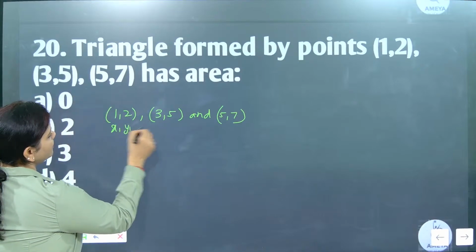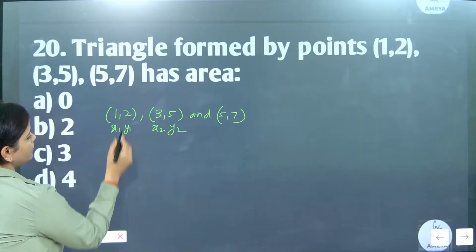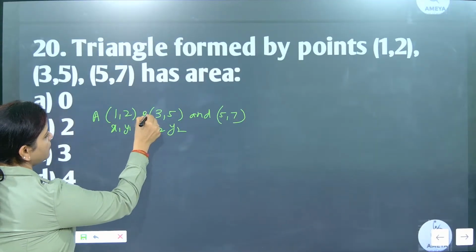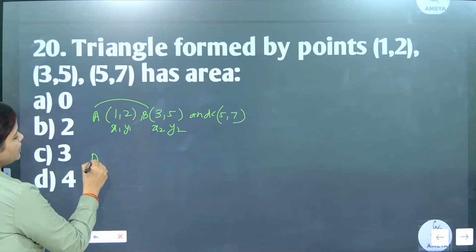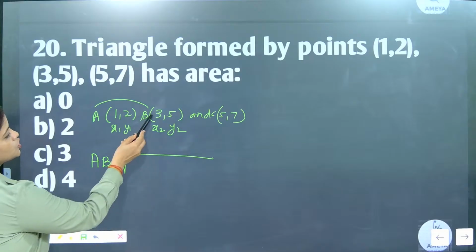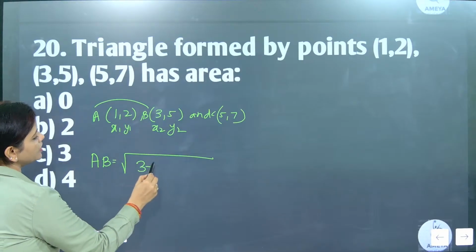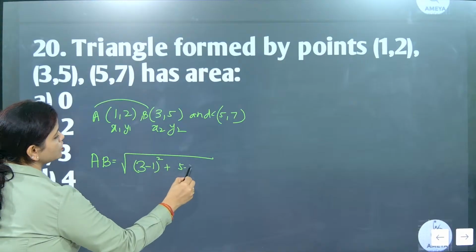Now look at x1, y1, and x2, y2. So the first work is, the three vertices are A, B, and C. First we'll find the distance AB. When finding AB, we subtract: it will become (3 minus 1) whole square plus (5 minus 2) whole square.